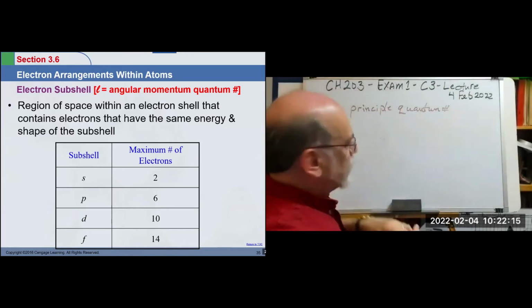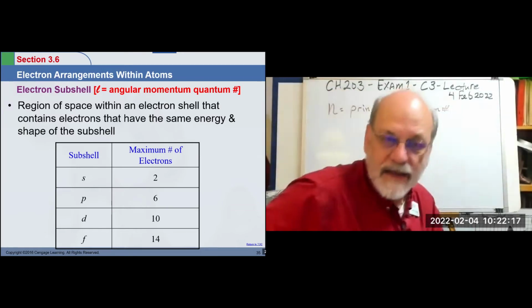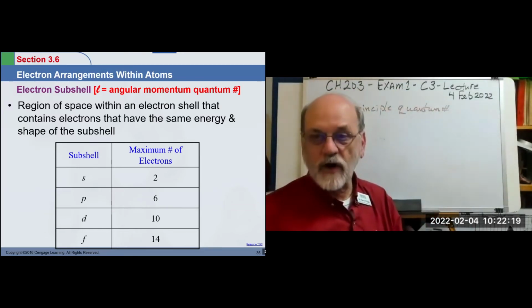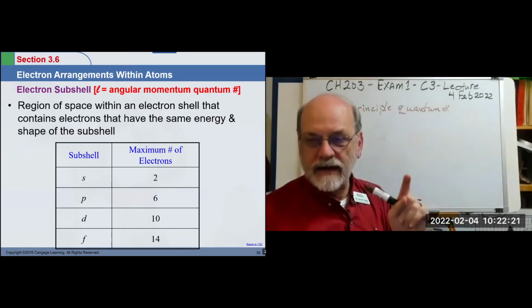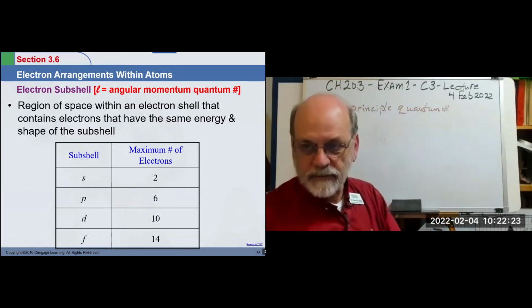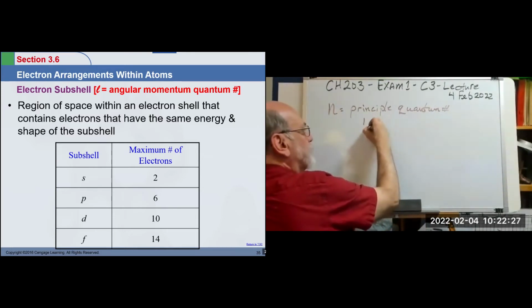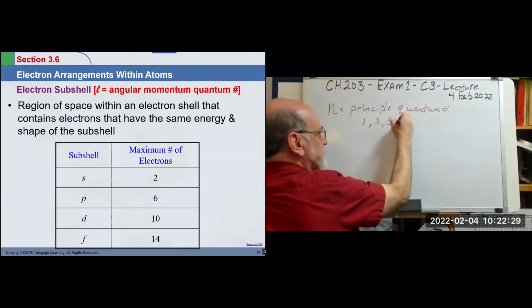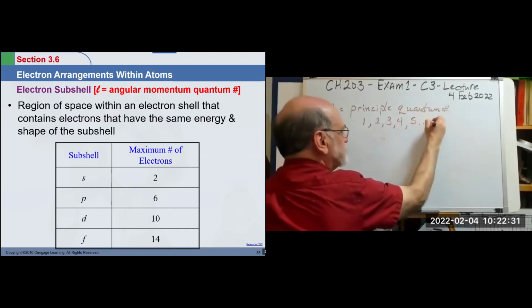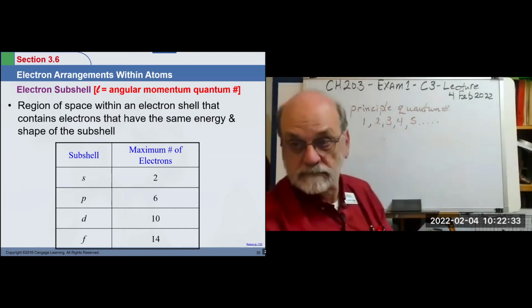Now, this principal quantum number can have values starting with 1 and incrementing by whole numbers. So it can have 1, 2, 3, 4, 5, on up.